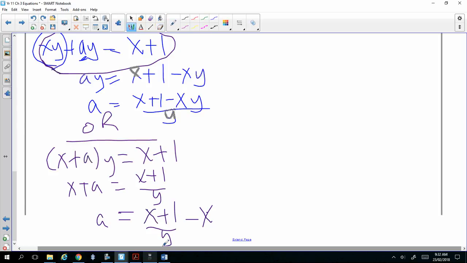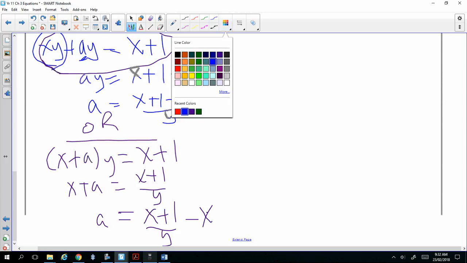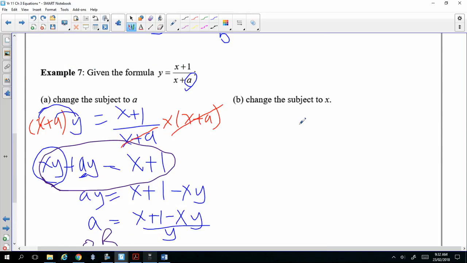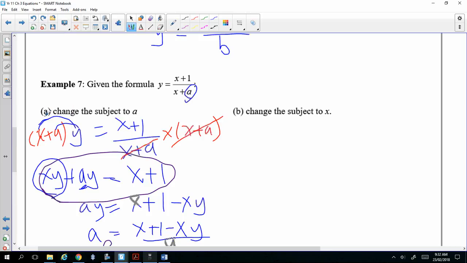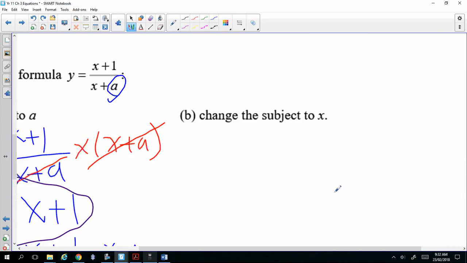Okay, the next one: change the subject to x. This is much harder. Let's start with the question: y equals x plus 1 over x plus a. What you do is you multiply both sides by x plus a.